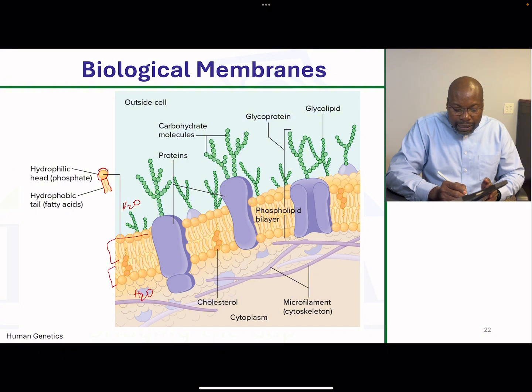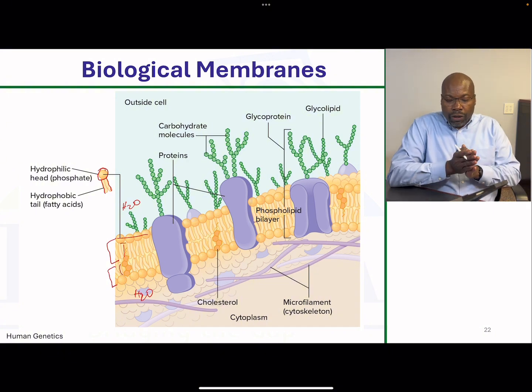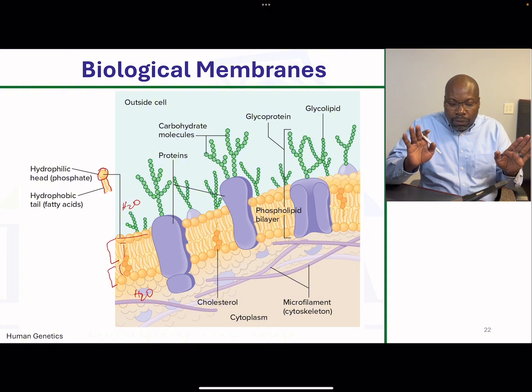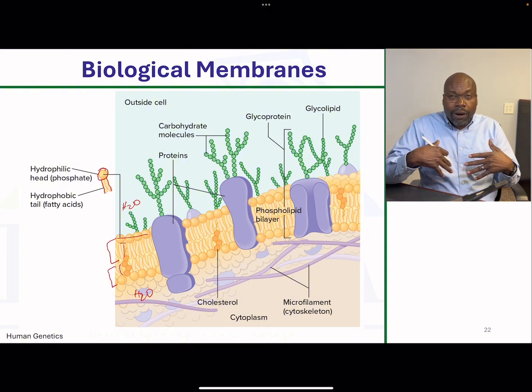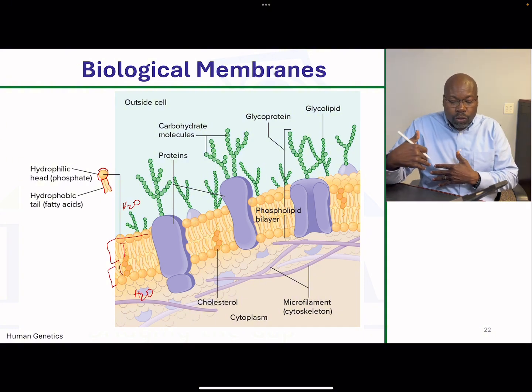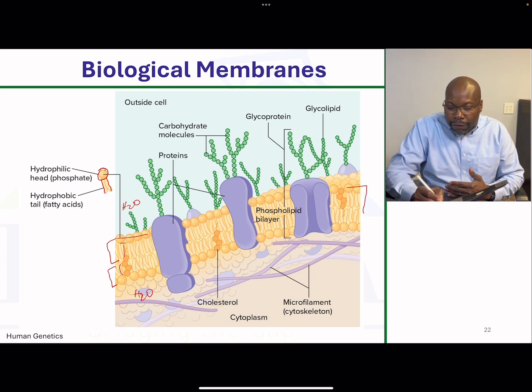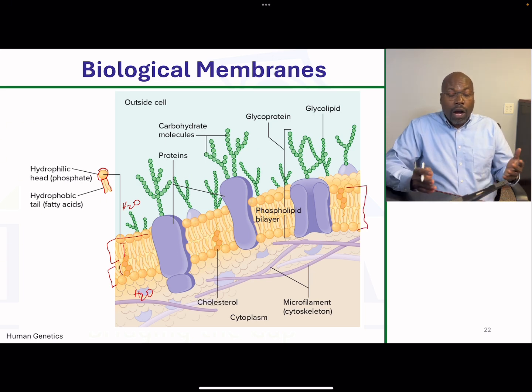And the hydrophobic tails are going to look toward each other so that the non-water-loving parts stay away from water as much as possible, while the water-loving parts get close to water, right? And this is how this phospholipid bilayer comes to exist.